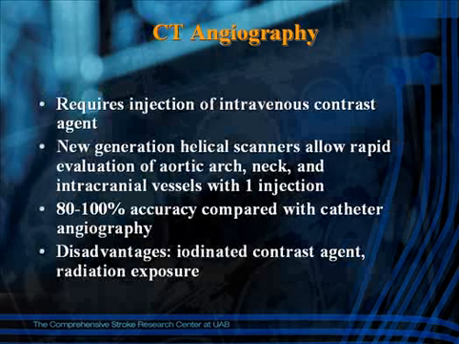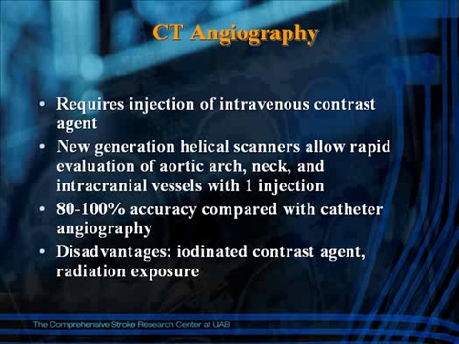Now, CT angiography actually has higher accuracy rates than MRA. It approaches the accuracy of catheter angiography, and for certain indications it is now the preferred imaging modality, particularly if it revolves around finding aneurysms or defining certain vessels and planning surgery or other interventions.